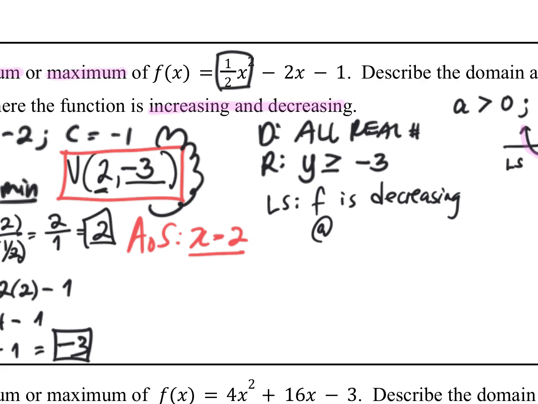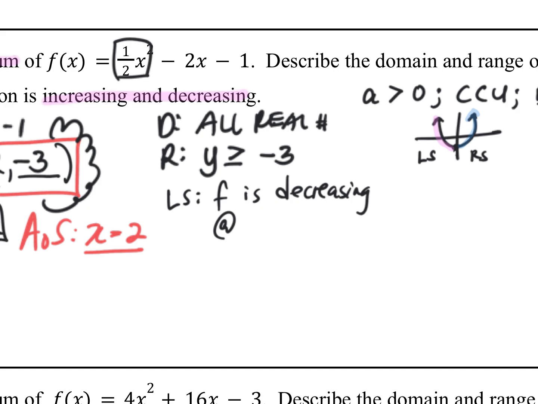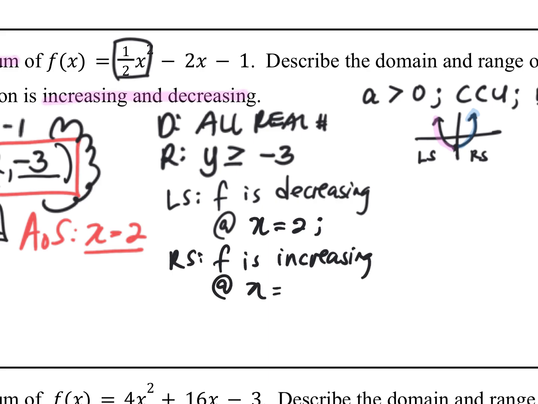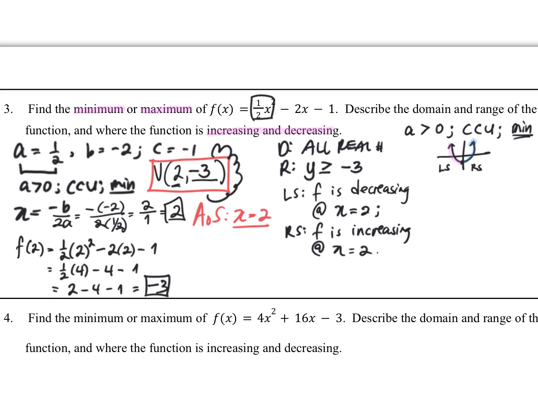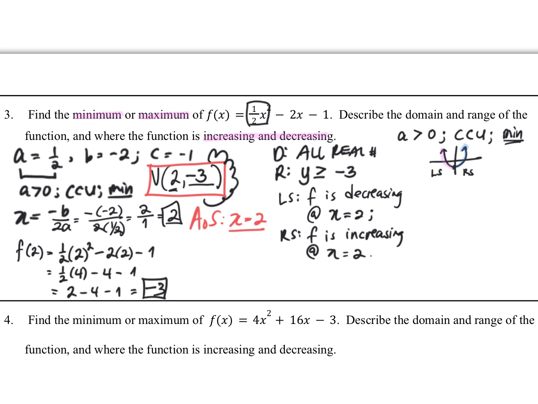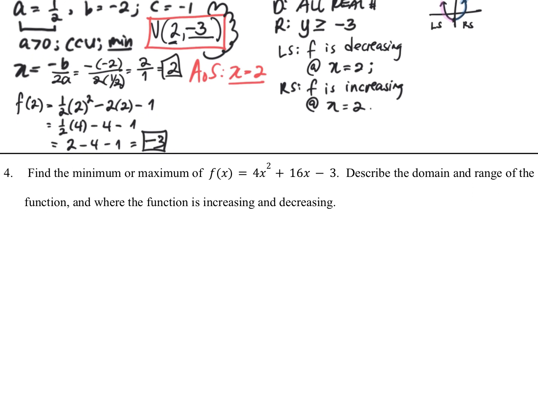So it's going to be decreasing at x equals 2. At the same time, on the right side, the function is increasing at the same value. X is equal to 2. So that is the answer to this question. So we were able to find the domain, the range, and where the function is increasing and decreasing, also the minimum of the function. Okay, let's go for the next one.